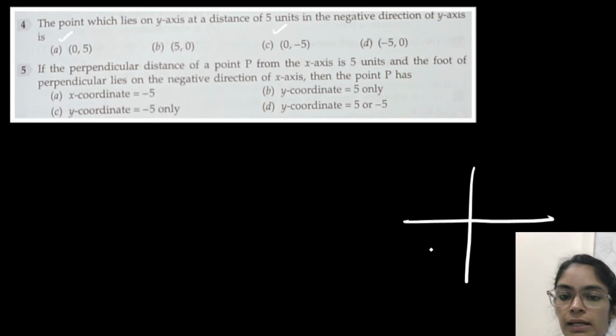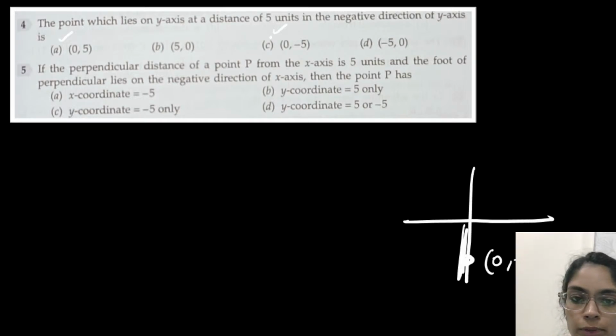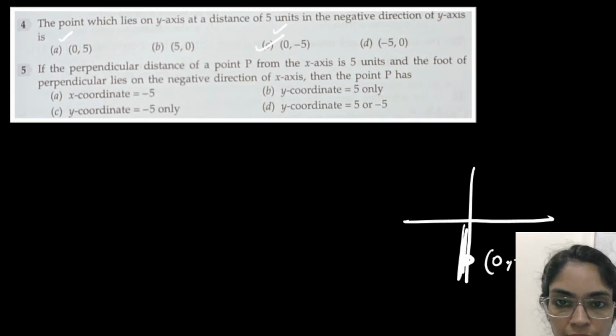So, where do we have the negative direction of the y-axis? In the lower side of this. So this point will be here: (0, -5). Yes, so option C. It's 5 units because it is lying on the y-axis, so the value of x is 0, and as it is in the negative direction, y's value is negative 5.